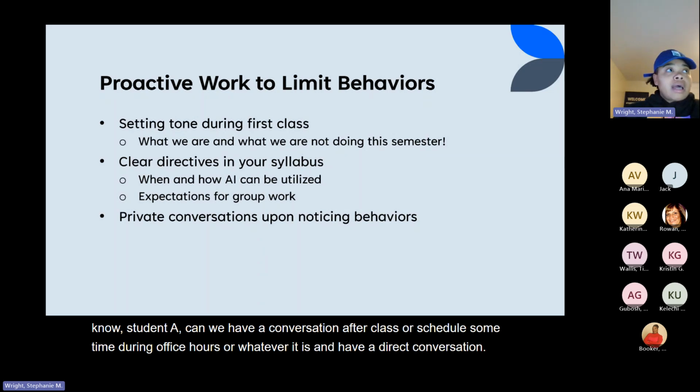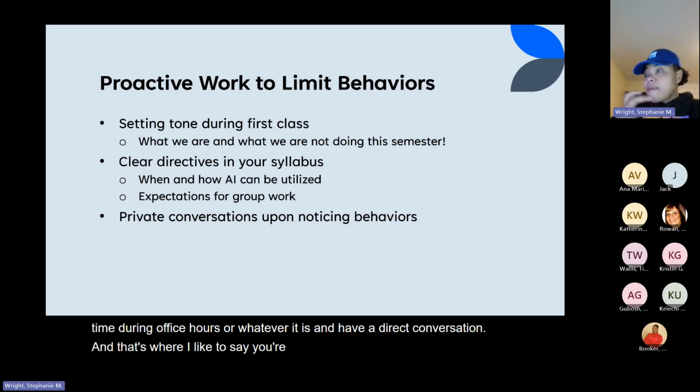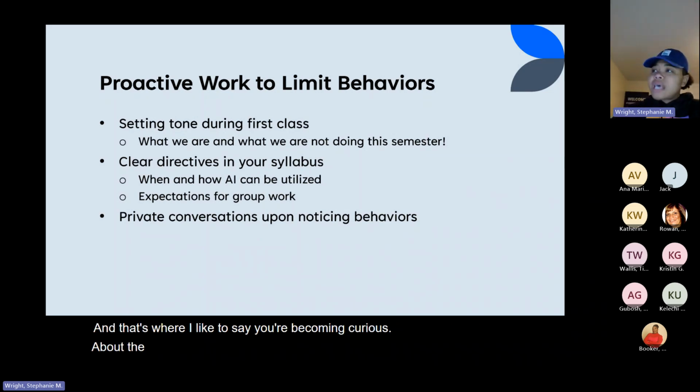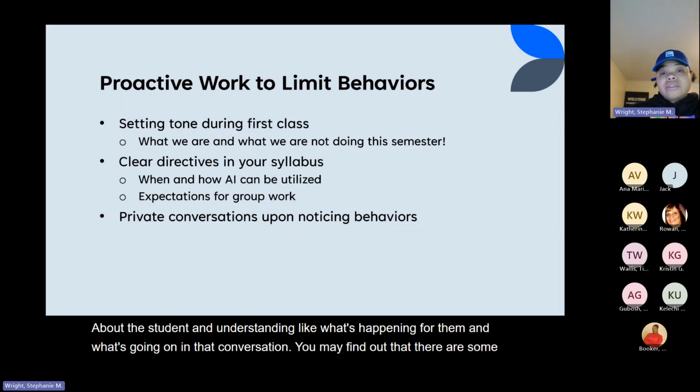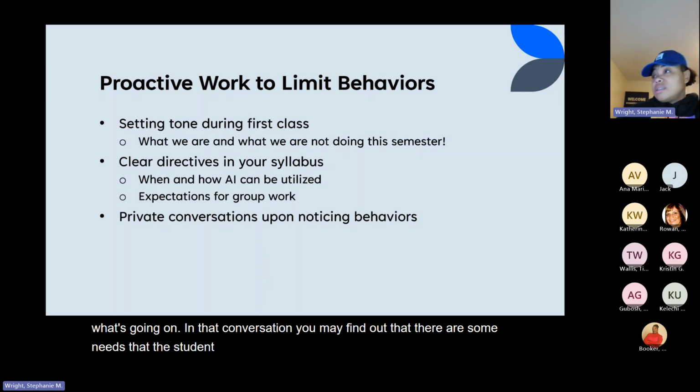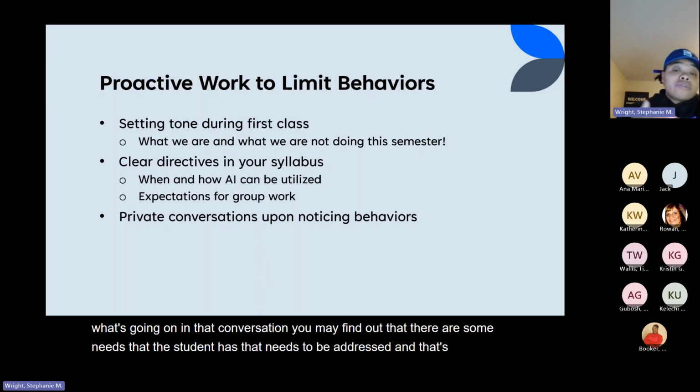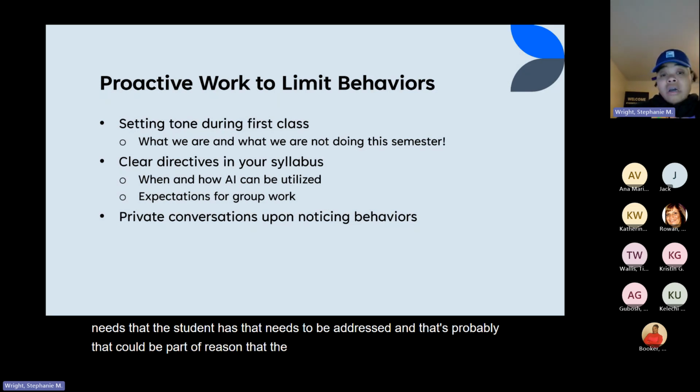That's where I like to say you're becoming curious about the student and understanding what's happening for them and what's going on. In that conversation, you may find out that there are some needs that the student has that need to be addressed. That could be part of the reason that the behavior is occurring, or that the student is just taking a particular route.